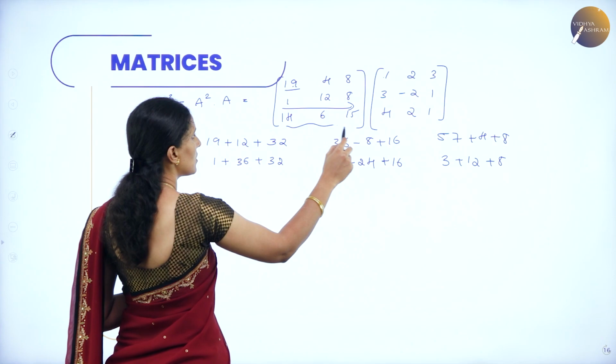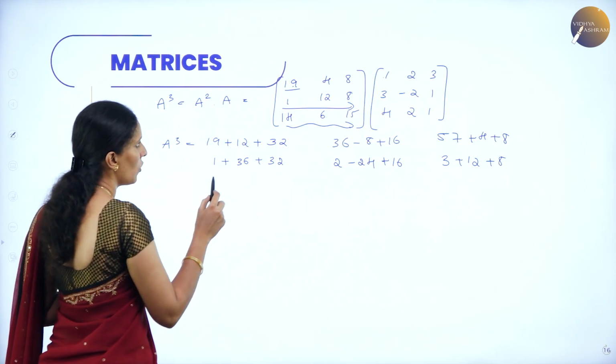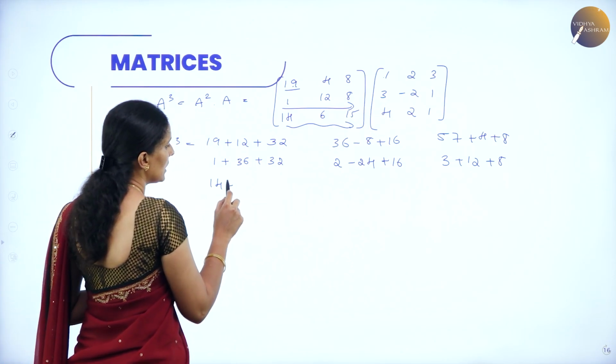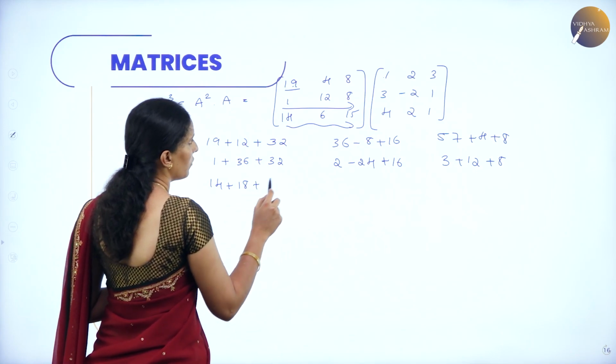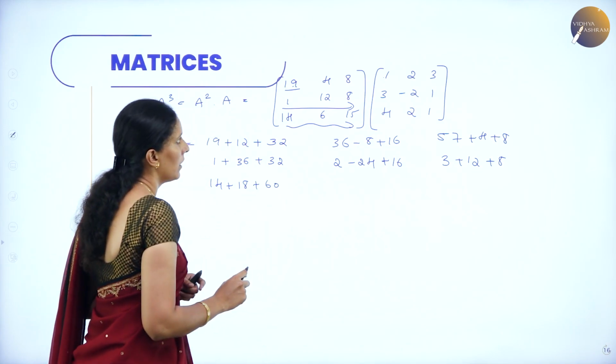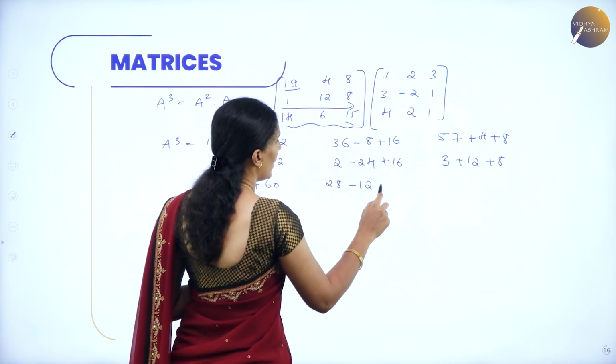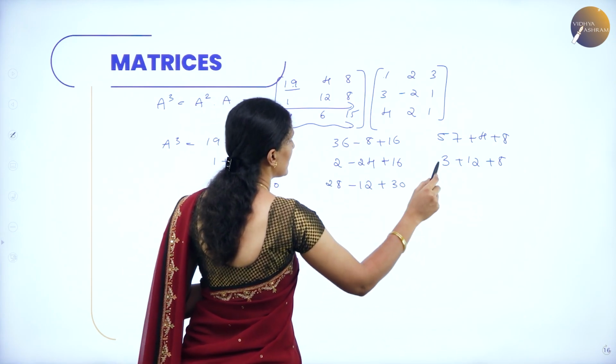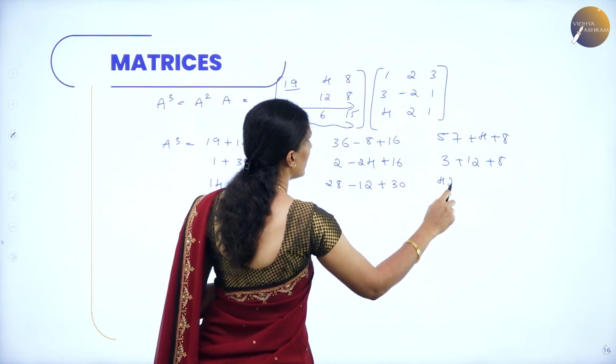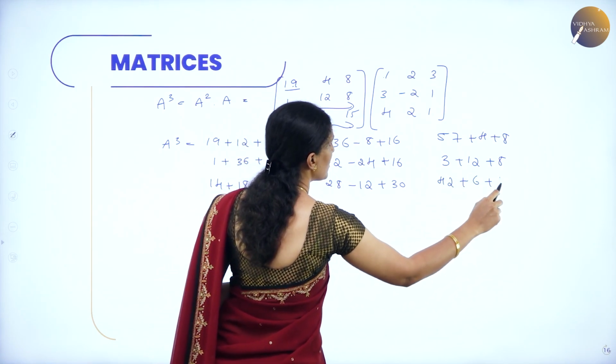Next, the last row with the 3 columns. 14 ones are 14, 6 threes are 18, 15 fours are 60. 14 twos are 28, minus 12 plus 30. Next, 14 threes are 42 plus 6 plus 15.